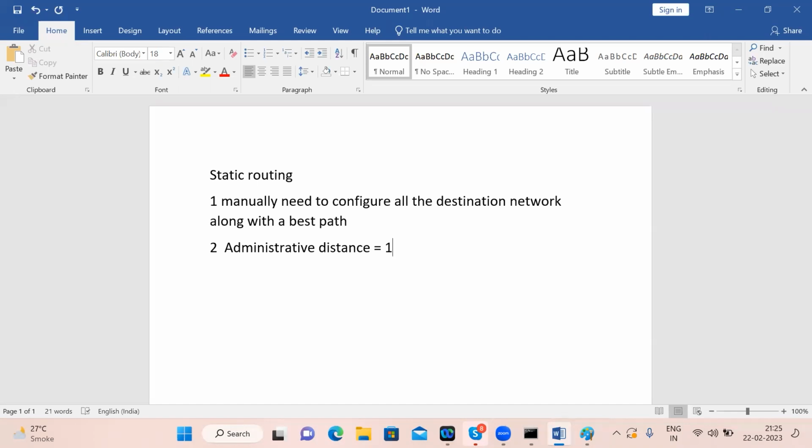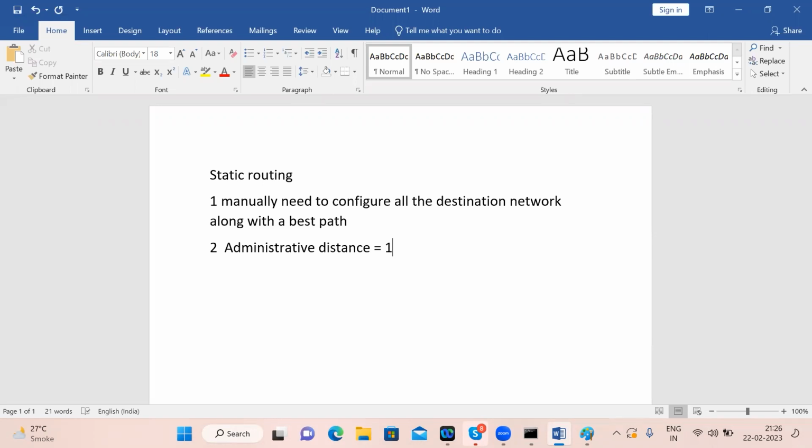Sir, low administrative distance means trustworthiness of the path, actually, of the protocol. Trustworthiness of the path. Okay. In simple words, it is to give a preference or priority to a routing protocol. Suppose in our scenario you have configured static routing as well as a routing protocol.